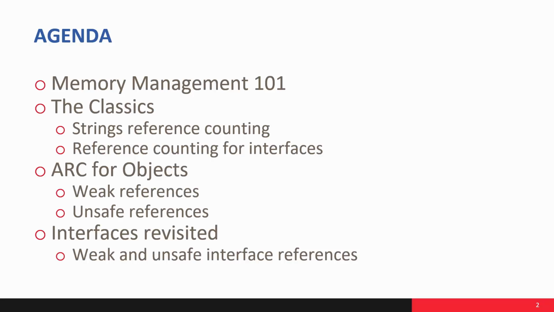And at the end, we'll get back to interfaces, because interfaces got some new features recently in the Delphi language, like weak and unsafe interface references. So I'll go back to those after going over ARC for objects, which is available only on some of the platforms that Delphi targets.